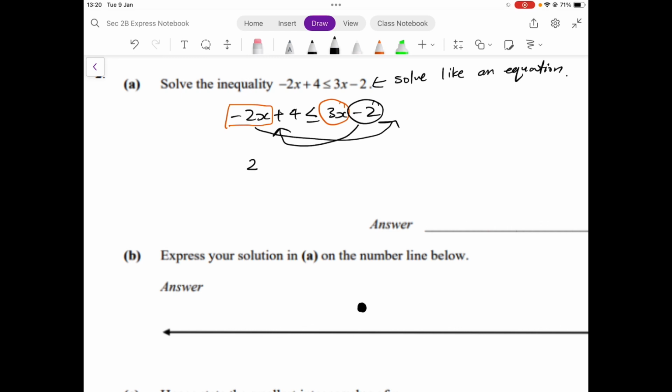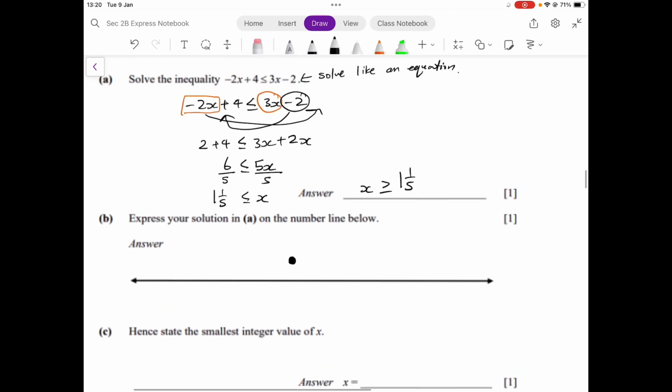So I get 2 plus 4. So I'll get 5x, 6. Okay, so I want the x value, so I divide by 5. I'll get x more than 1 and 1/5. Right, so your answer is not x equals to 1 and 1/5, it's x more than or equal to 1 and 1/5. Alright?